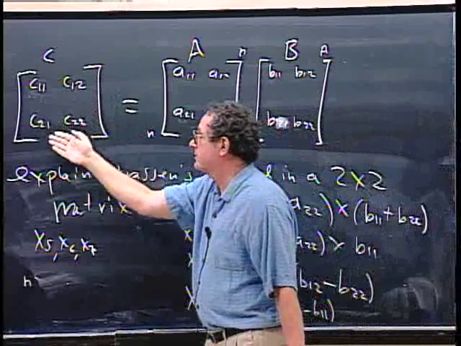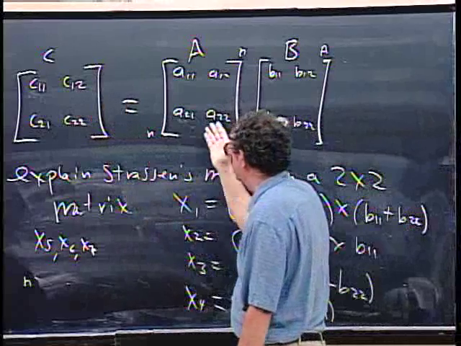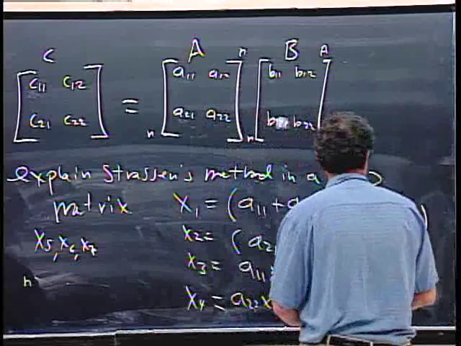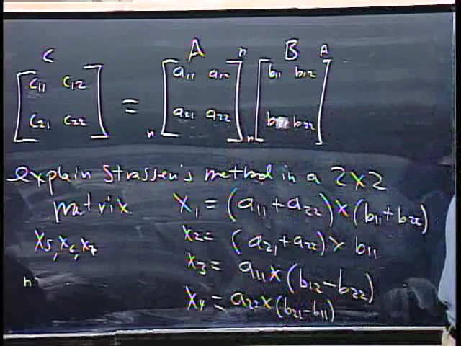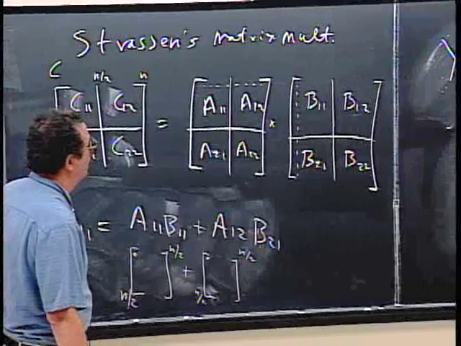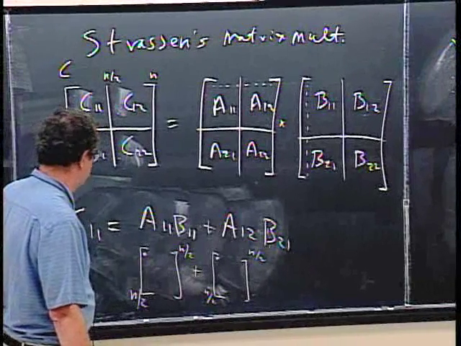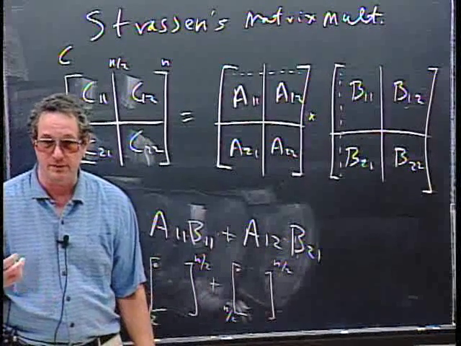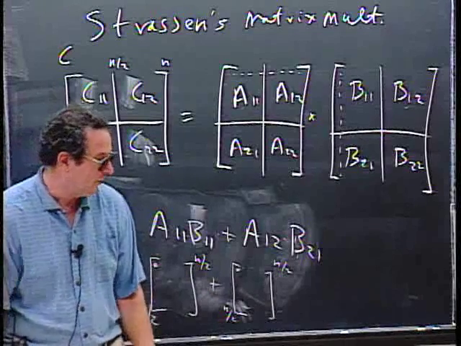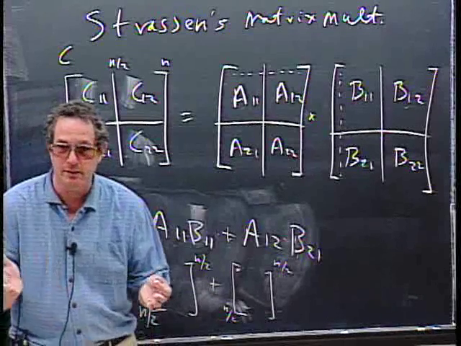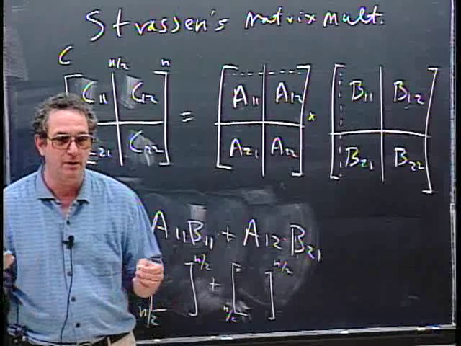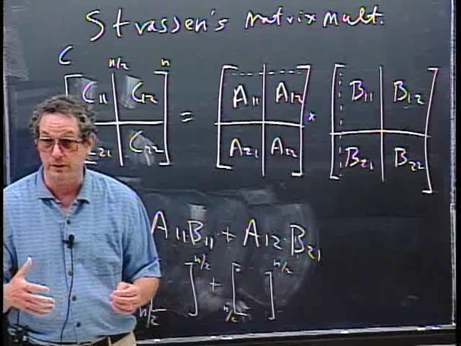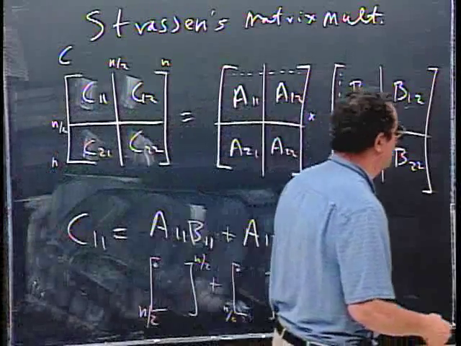Even if this is an n by n problem, if we recursively break up each of the matrices and then recursively break them up, etc., and use Strassen's approach for doing those matrix multiplications, we will ultimately get the right result, matrix C. Maybe you have to think about that a little bit in the comfort of your own mind in some quiet moment, but I think you'll all see that it works.